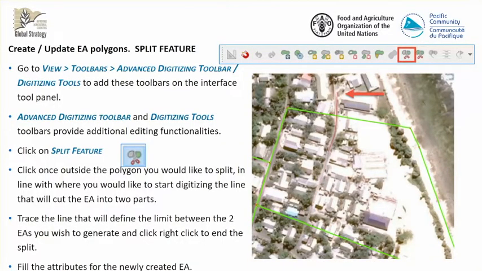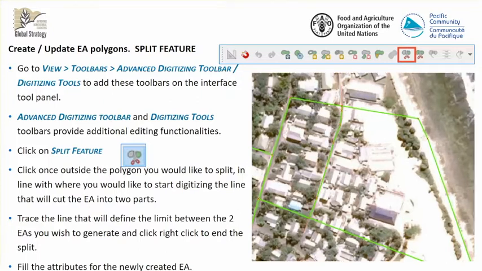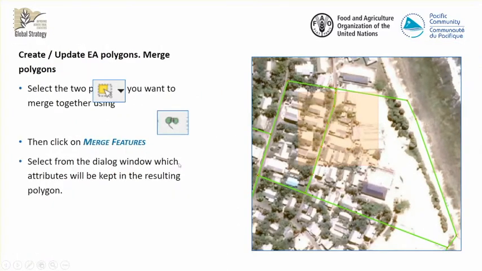So I will start where the red arrow is, outside my EA. I follow the road to make a nice border between the new EAs, and then I click here, I have to get out from the EA. And then I right-click, and it's done. It's a bit tricky, okay? It takes just a few tests to get used to, okay? But it's important. We start outside, and we finish outside, okay? Now, to merge, which is much simpler.